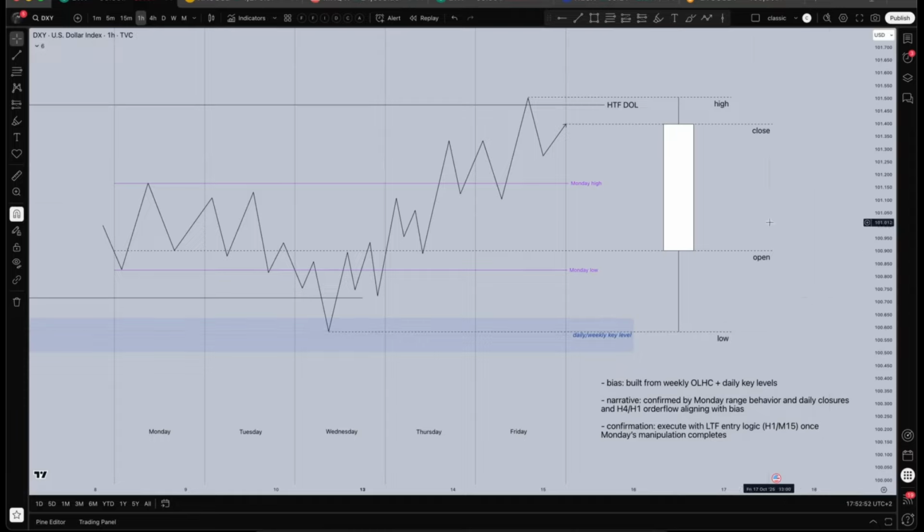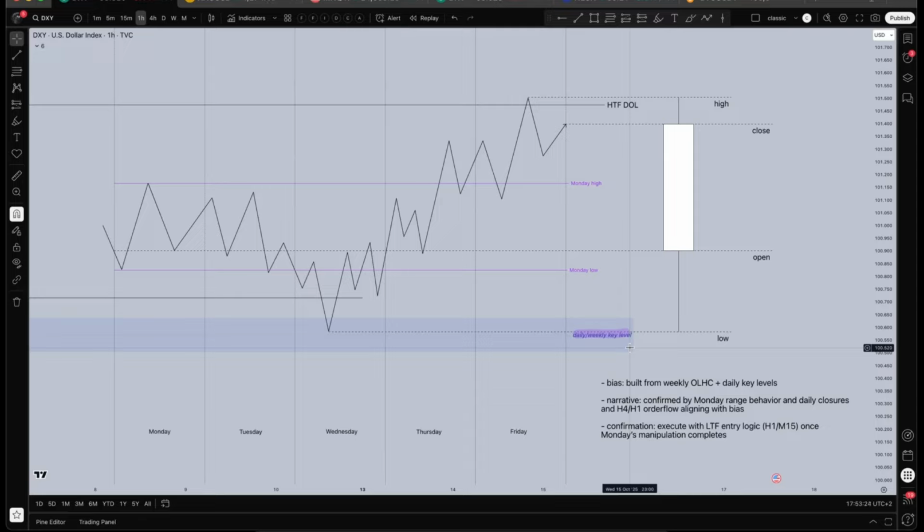So our goal is to catch some bit of that move which the weekly candle will offer. Now, how do we frame our trades around that? We first of all have to determine on the higher time frames, the daily and the weekly, our key levels. In this example, we are using a bullish key level, but this obviously also applies vice versa for a bearish weekly bias.